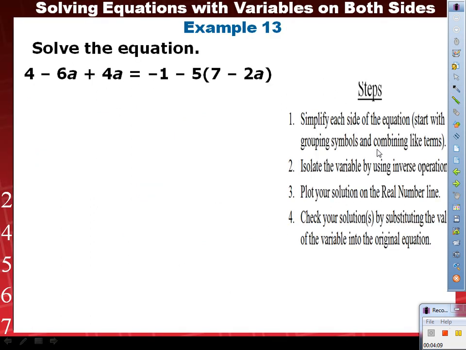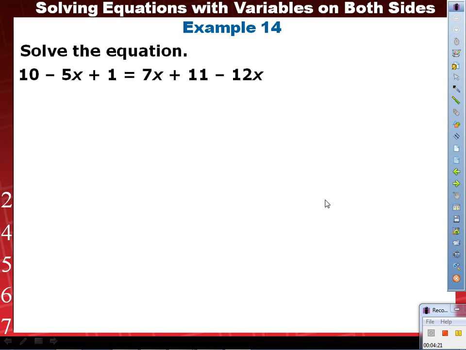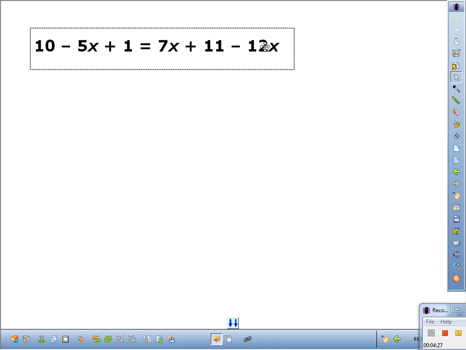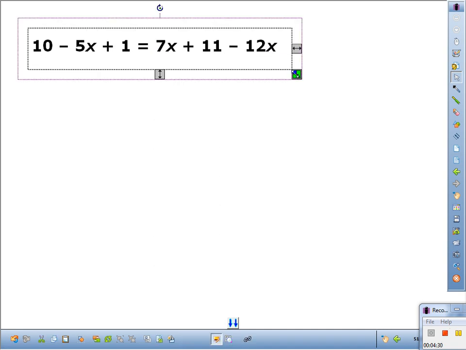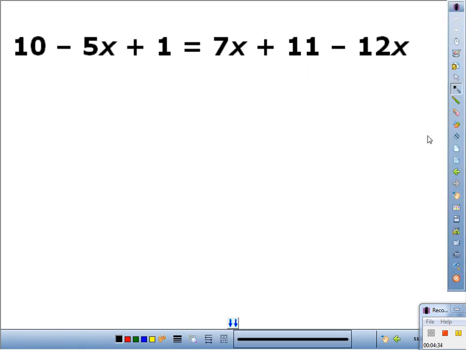Copy this next one, please. Example 14. Copy that.